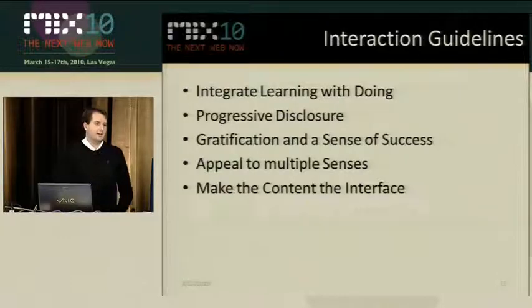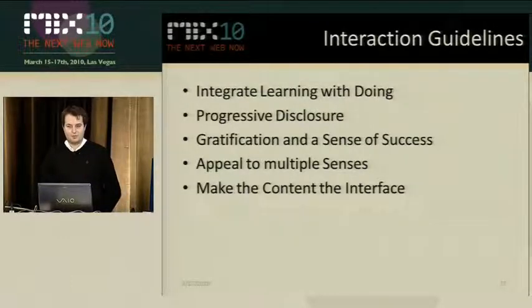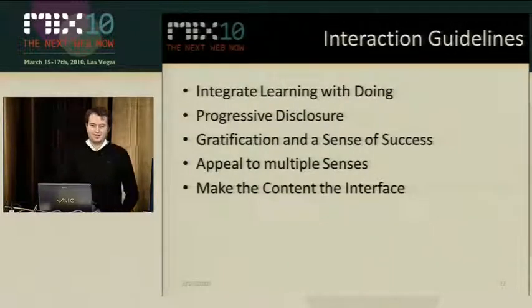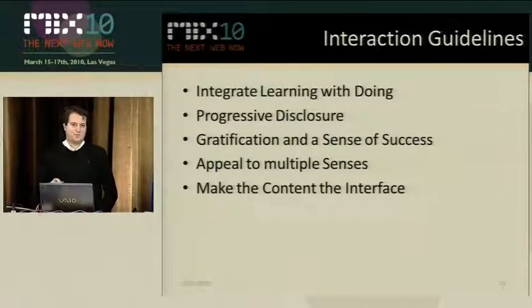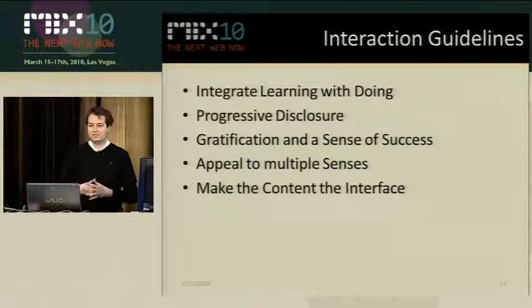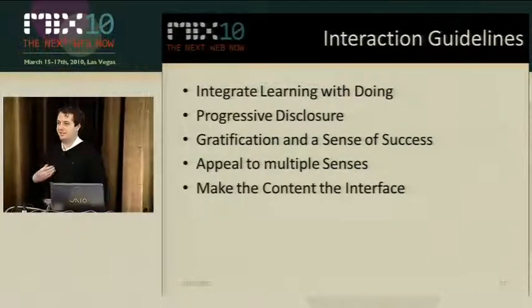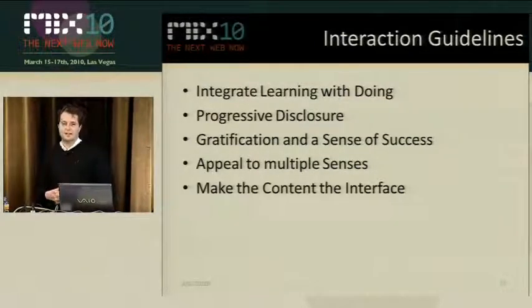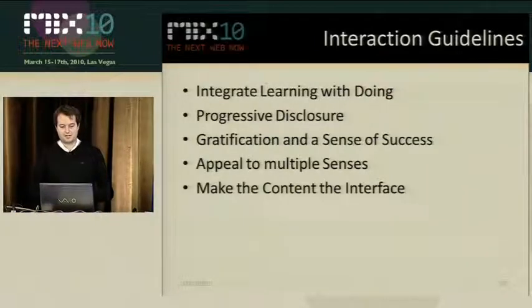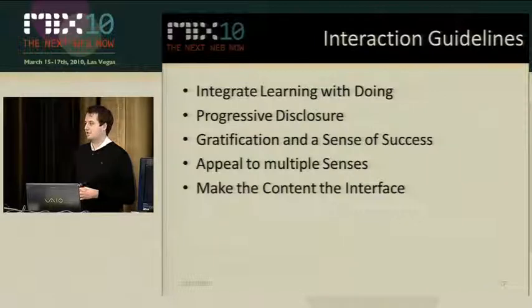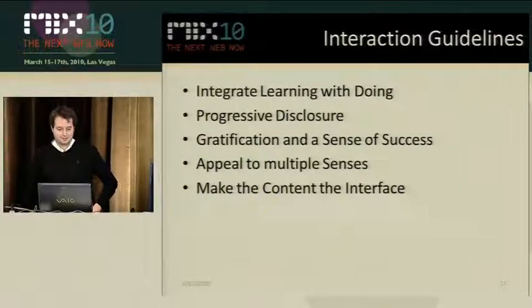Okay, then the next part is you should try to integrate learning with doing. This means you should show the user what the application is capable of, and you should integrate different levels of depth so that you can show the user additional features if the user is already more experienced with the application, so you could add features and do more in it.